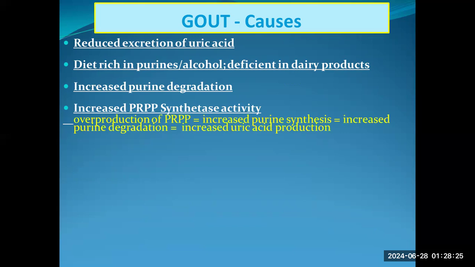Overproduction of PRPP, phosphoribosyl pyrophosphate, leads to increased purine synthesis, and increased purine synthesis leads to increased degradation of purines, and increased degradation leads to increased uric acid production.